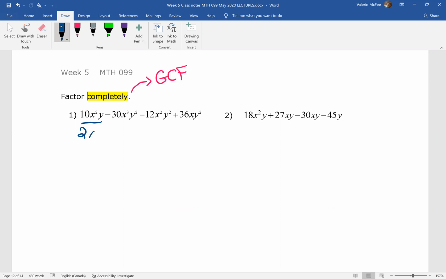I see that every term contains x and every term contains y. So we have a greatest common factor here of 2xy. Remember, when you factor using the greatest common factor, you write it down and multiply it by the quotient.